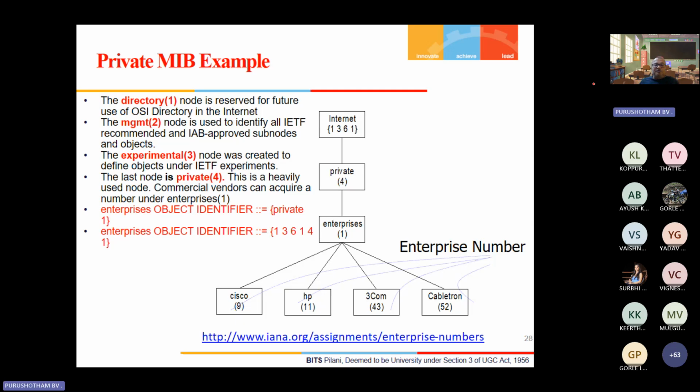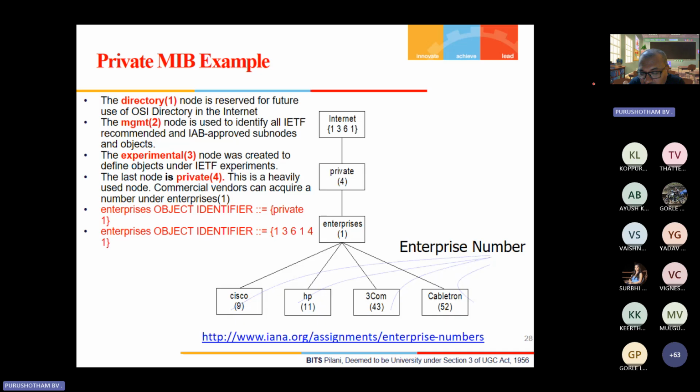So the MIB example is going to be based on the enterprise. There is Cisco, HP, 3Com, Cabletron, etc. These are the enterprises which manufacture the devices. What devices?